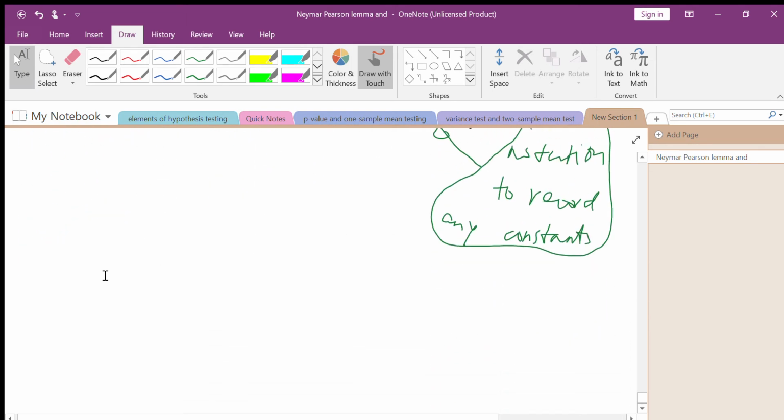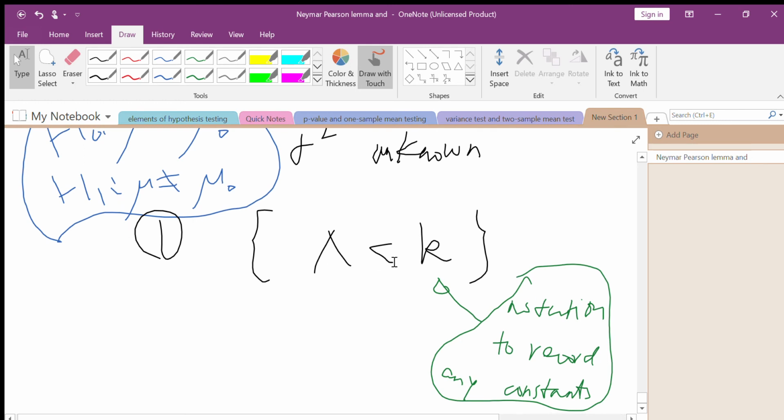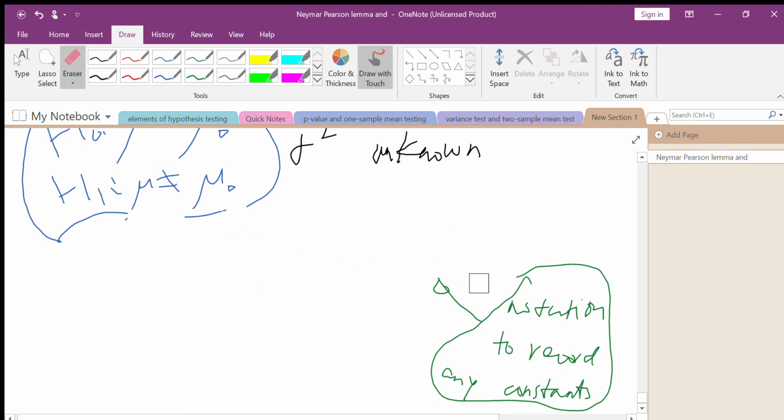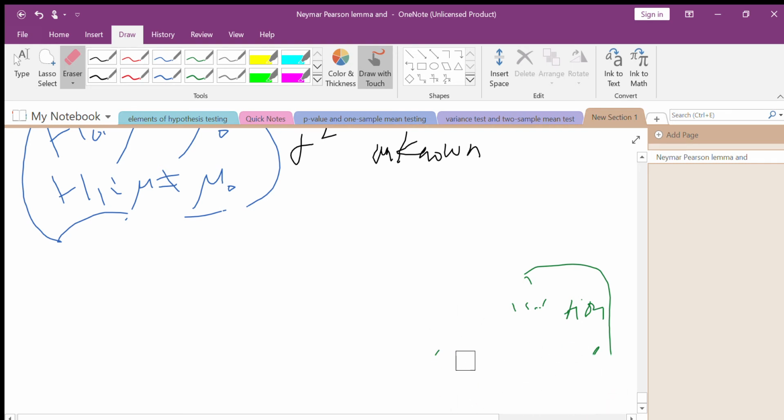So okay, actually the first step is not this. The first step is to rewrite the original hypothesis testing in the perspective of parameter space. Okay, let's do it.